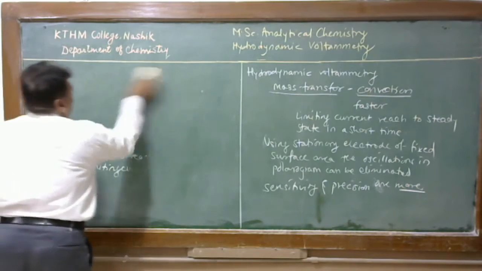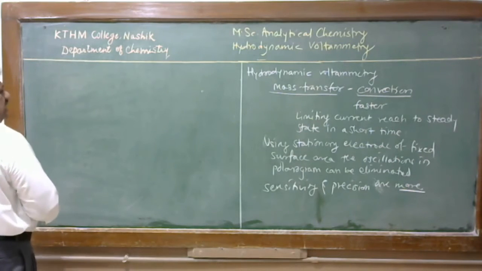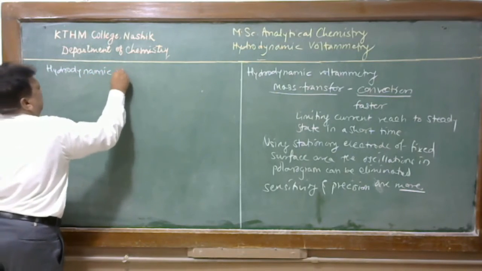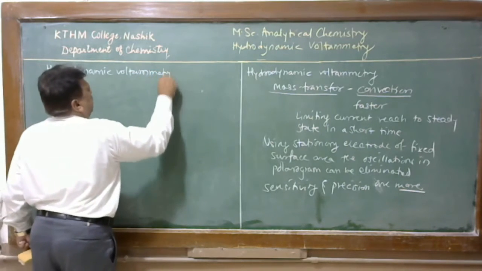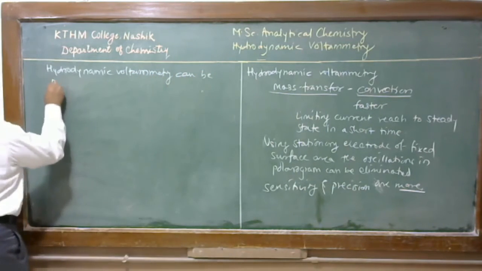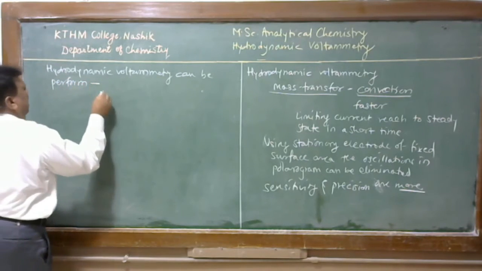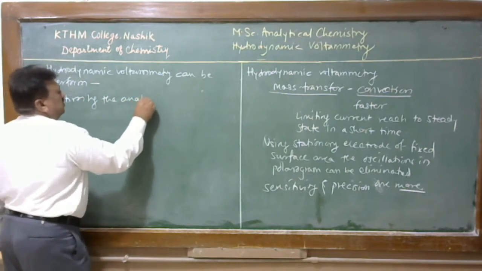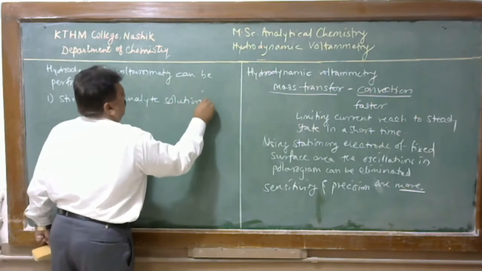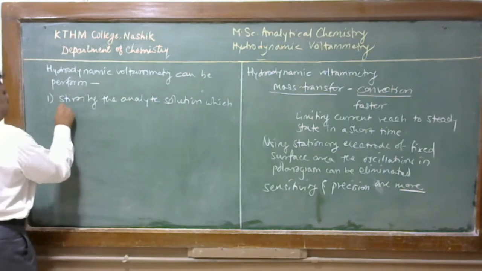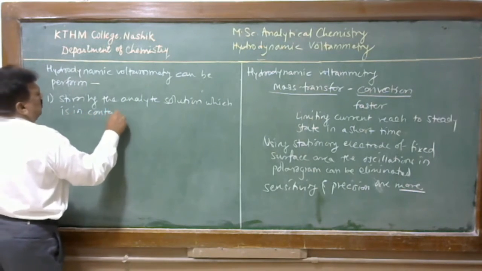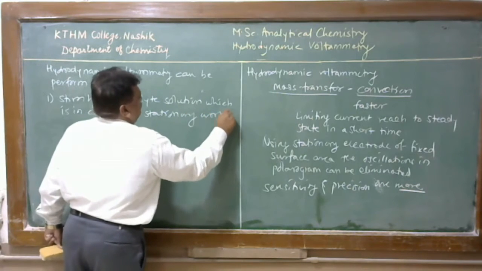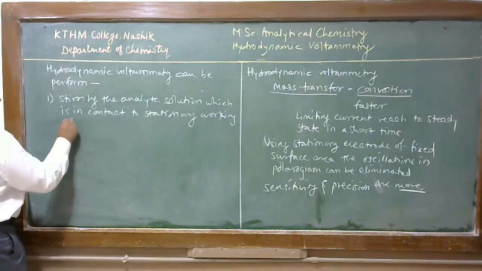Therefore, with these advantages, we know that hydrodynamic voltammetry can be performed by, number one, stirring the analyte solution, which is in contact with a stationary working electrode.